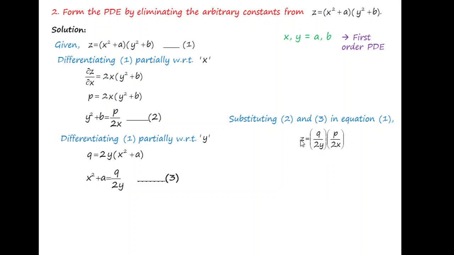Take that 4xy to the other side. So 4xyz is equal to pq. Here also the maximum order is first order, since p is dou z by dou x and q is dou z by dou y, which is our required PDE.